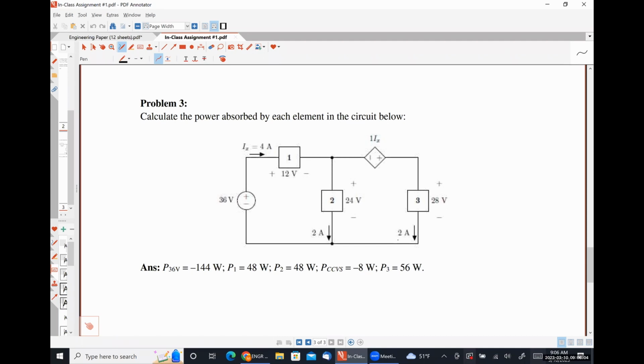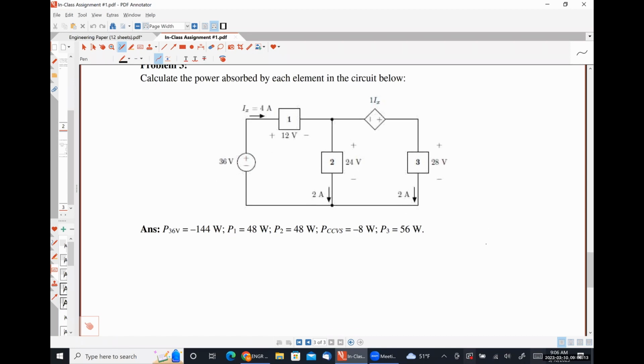All right, so we are asked to calculate the power that is absorbed by each of the elements in this circuit. So let's start with the 36-volt source. What's the voltage drop across the 36-volt source? It's in the name, 36 volts.